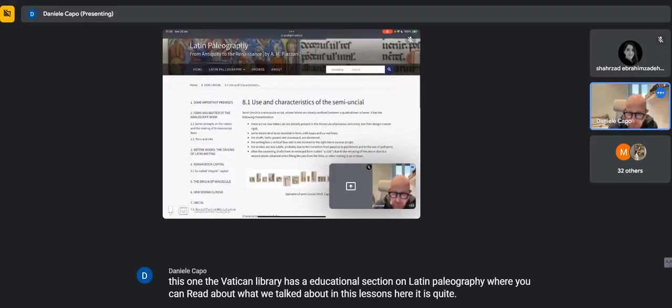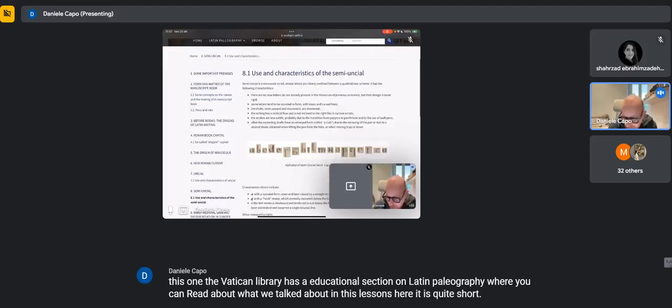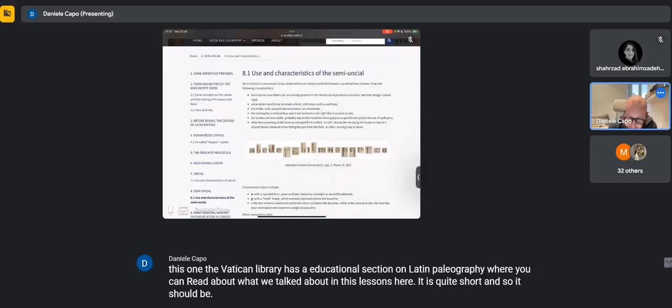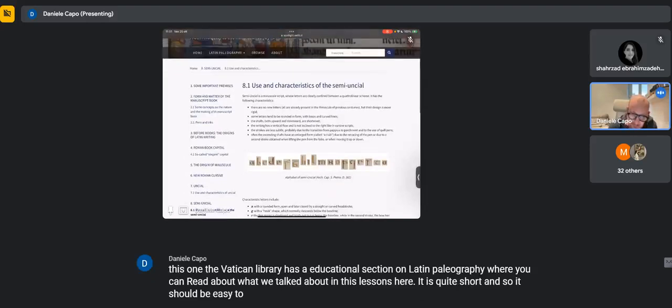It is quite short, and so it should be easy to read.